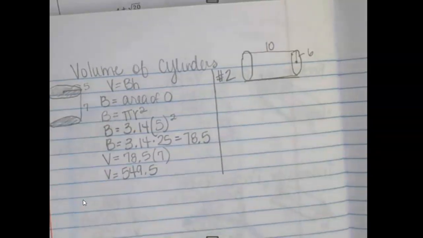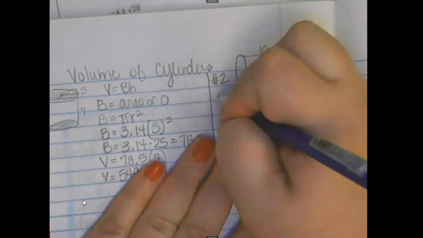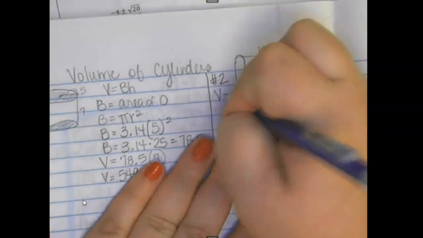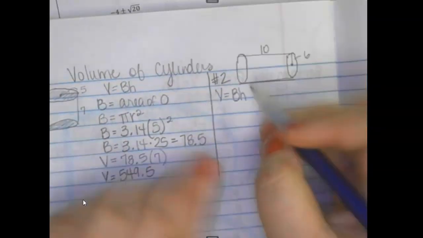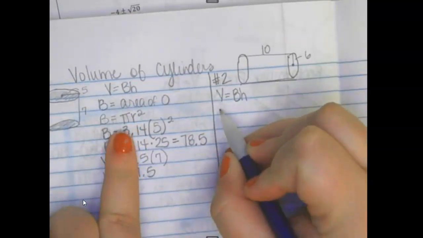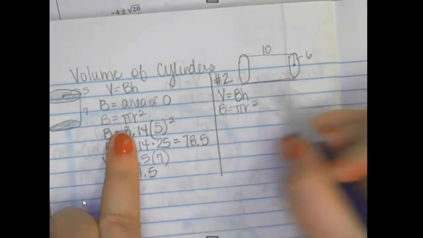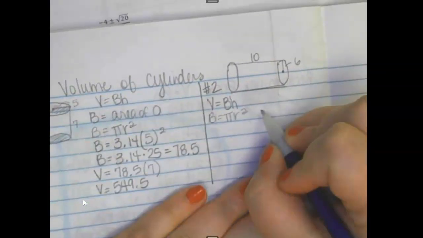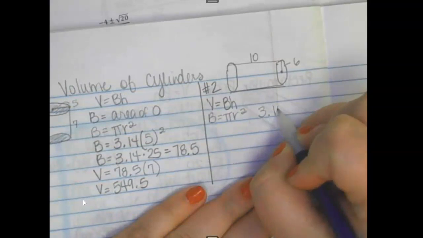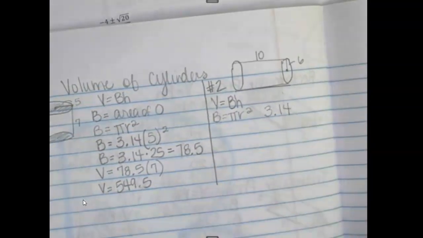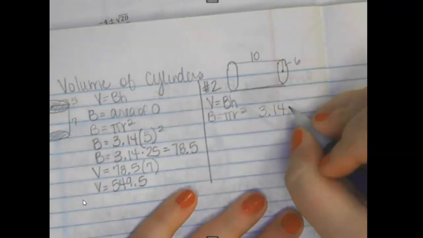all right, so we're going to do V equals big BH. We're going to do the area of a circle again, so pi r squared. So I'm going to do 3.14 times 6 squared.